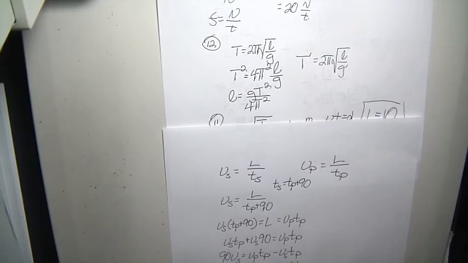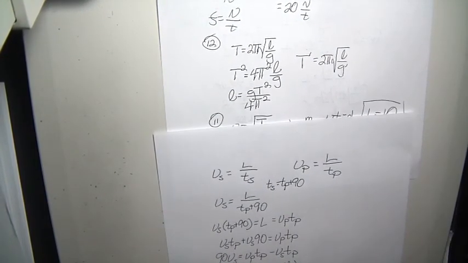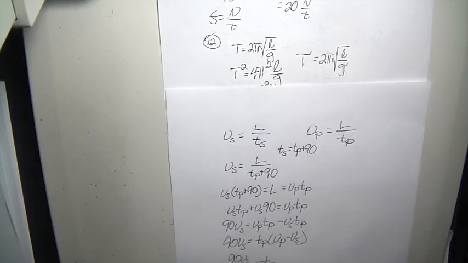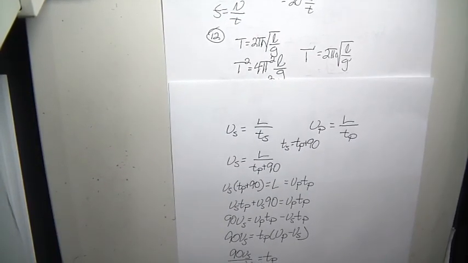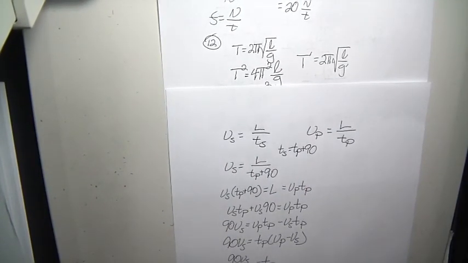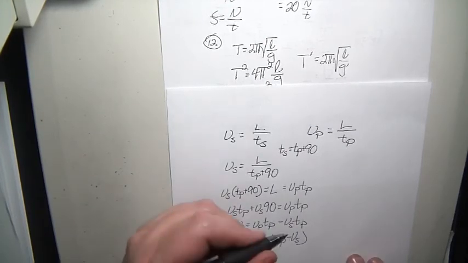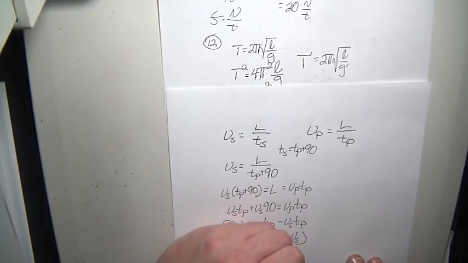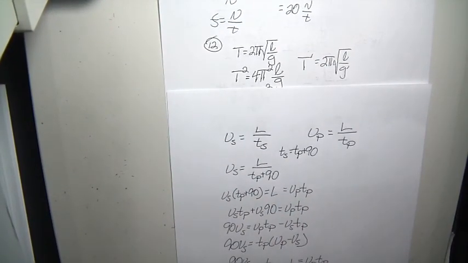So the time that it takes for the P wave to hit you is this value here. That's what you need to do. And now that you have the time that it takes for the P wave to get there, that distance L is just the velocity times time.